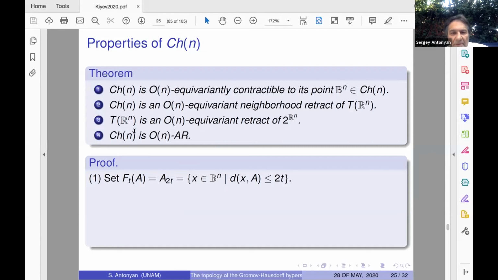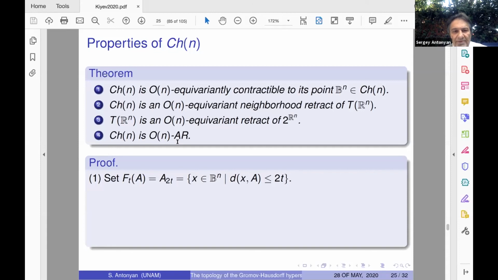In the theorem, we see several properties: the Chebyshev hyperspace is O(n)-equivariantly contractible to its fixed point B^n. This is easy. The Chebyshev hyperspace is an O(n)-equivariant neighborhood retract of this. And in the final stage, interestingly, the Chebyshev hyperspace is an O(n)-equivariant absolute retract in the sense of the above definition.